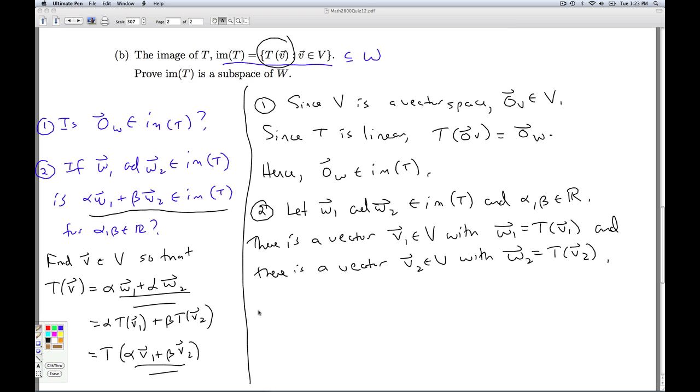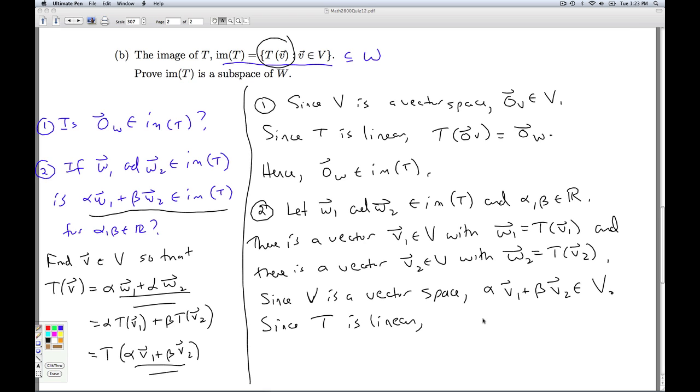All right, so what do we do here? We need to show that this is an element of V. Okay, well, it's an element of V because V is a vector space. Since V is a vector space, alpha v1 plus beta v2 is in V. Since T is linear, T of alpha v1 plus beta v2 is alpha T of v1 plus beta T of v2.